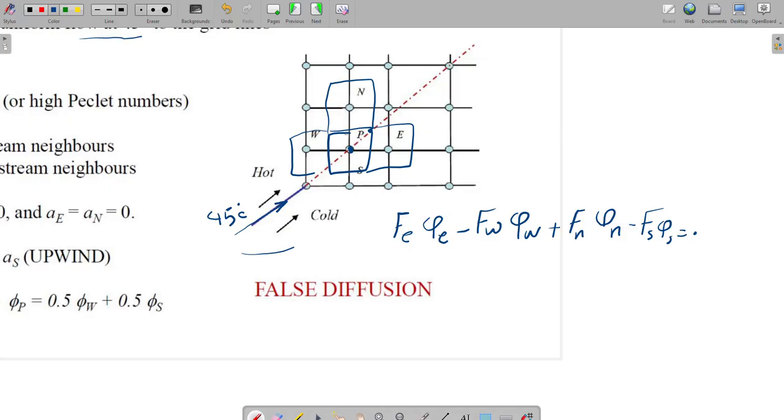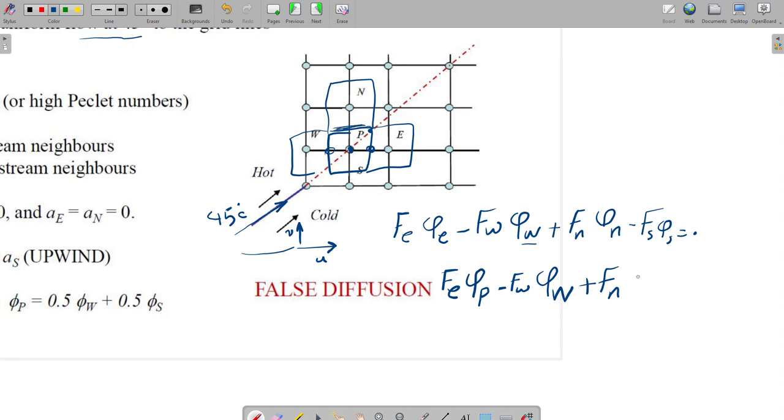For the upwind scheme, this is U, this is the flow direction. Fe phi e, in this phase, phi e equals phi P, minus Fw phi w, in the upwind scheme is phi capital W, plus Fn phi n on the upper surface.